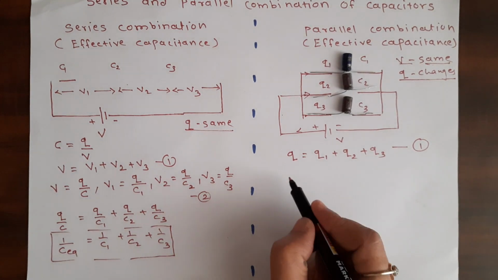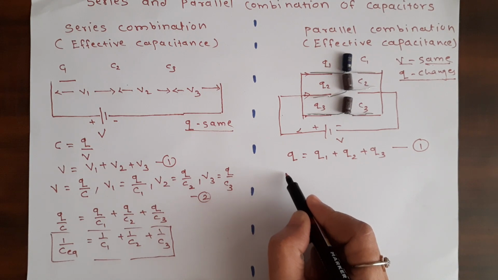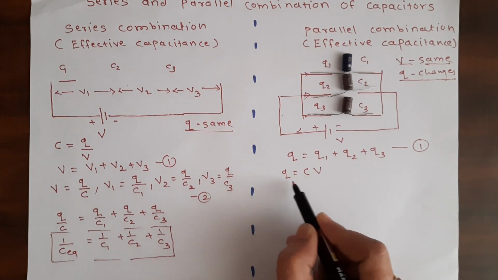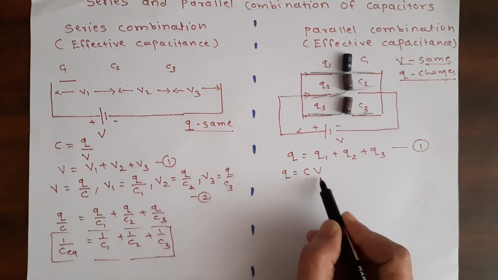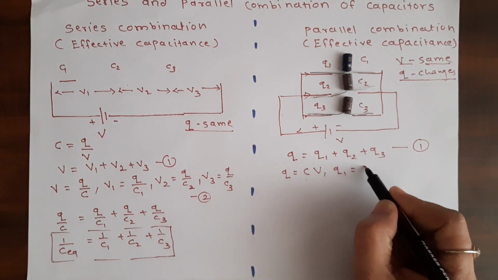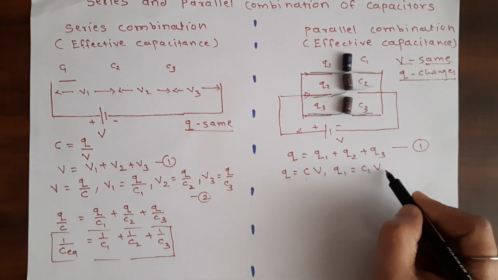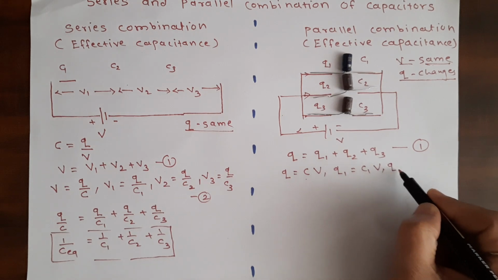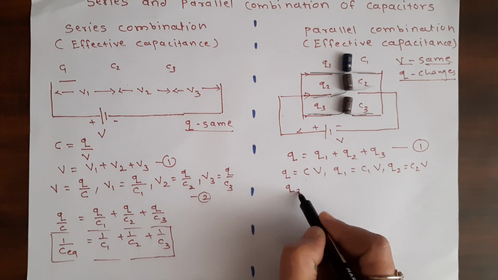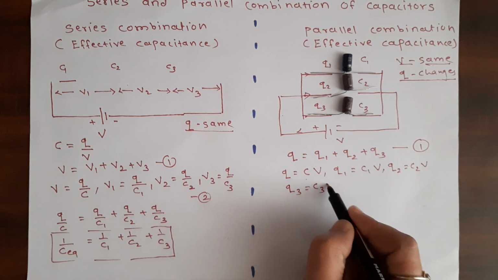Now by the definition of capacitance, we can get the value for Q in terms of C into V, that is charge is equal to capacitance into potential. Now for Q1, it is C1V because V is the same, Q2 equals C2V and Q3 equals C3V.